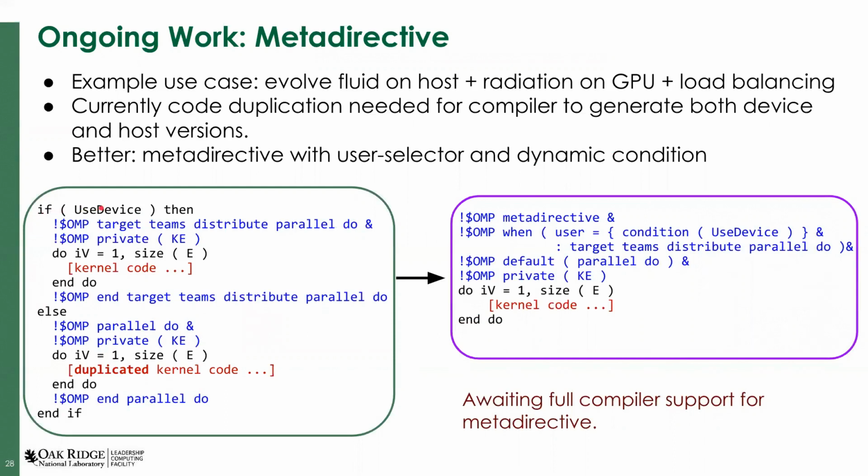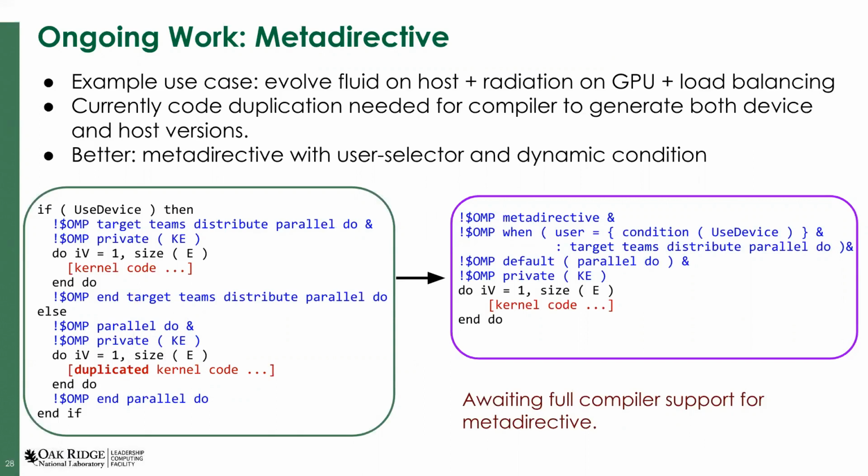We have an if use_device where if this is true, we basically run this kernel on the GPU with the appropriate OpenMP directive. Otherwise, we use the OpenMP threading directive to run this on the CPU. But really, the major issue here is that the kernel code is actually duplicated. This is to force the compiler to generate code for both device and host.